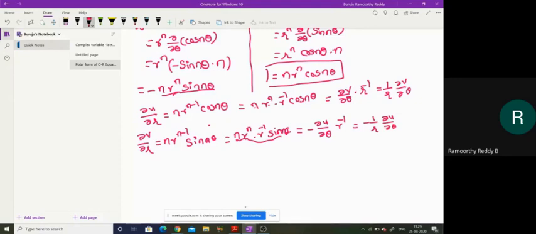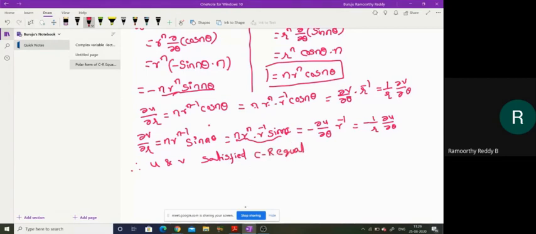Now you check: ∂u/∂r equals 1/r ∂v/∂θ, and ∂v/∂r equals minus 1/r ∂u/∂θ. So the CR equations are satisfied. U and V satisfy the CR equations, right?